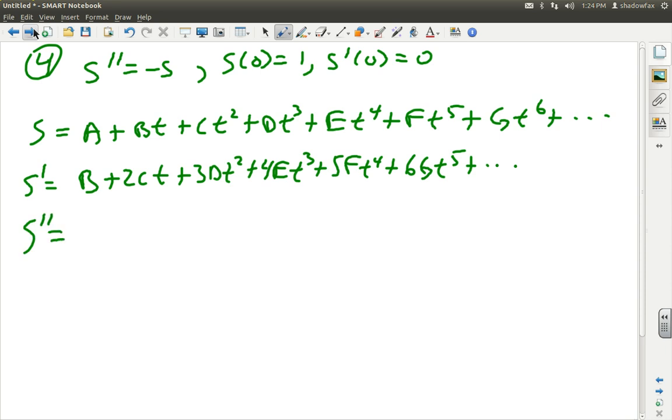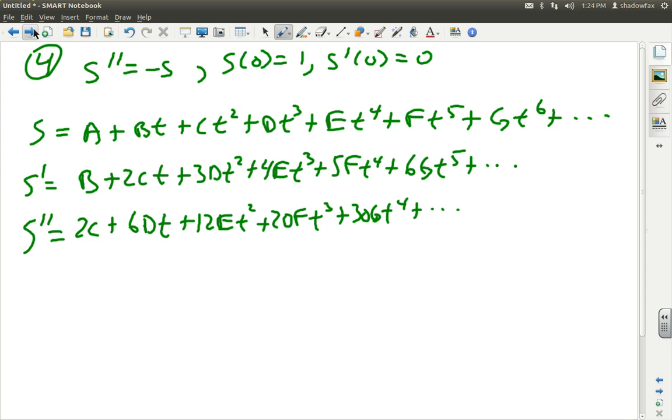Derivative of 2ct is 2c. Notice I'm lining up the 0 degree terms and the first degree terms and the second degree terms to make it easy. Then you get plus, what do you get? 6dt plus 12et squared plus 20ft cubed plus 30gt to the 4th.